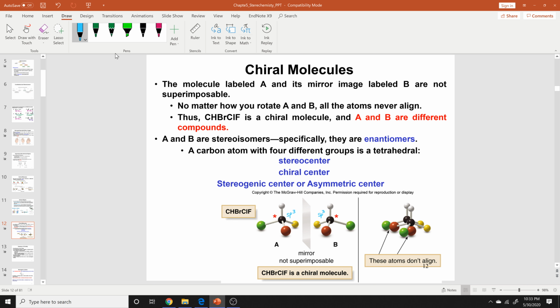They differ by rotation. The connectivity of the atoms is the same. Everything is the same, but the only difference is the rotation around the chiral center.